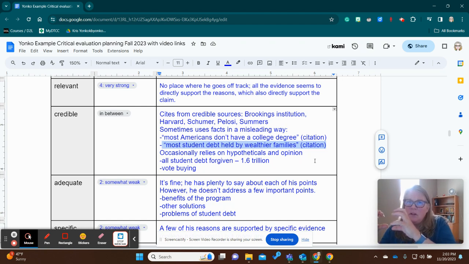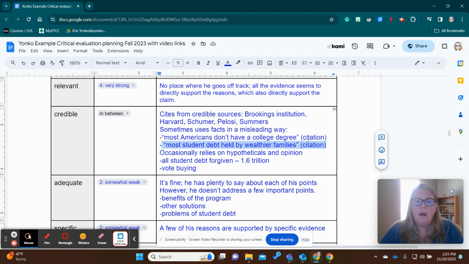They might have a smaller chunk of the overall debt, but most of the people are in the lower income category. So he says most student debt is held by wealthier families, making it sound like they're the ones who are going to get the benefits of this program, but that's not necessarily the case. So it's true, but it's maybe not relevant.